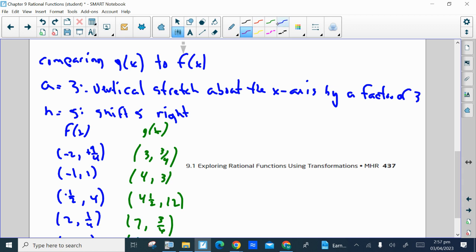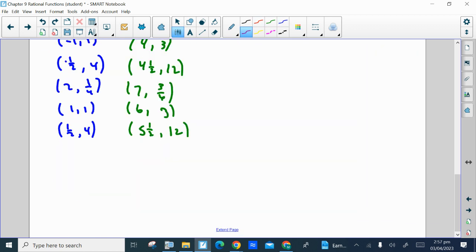So let's write this over here, or down below, I guess. We have an a value of -1, which is going to reflect the graph over the x-axis.